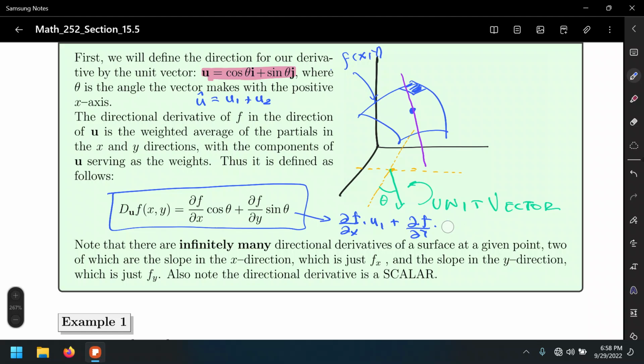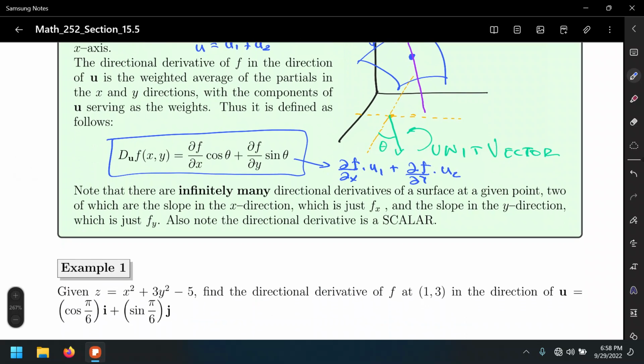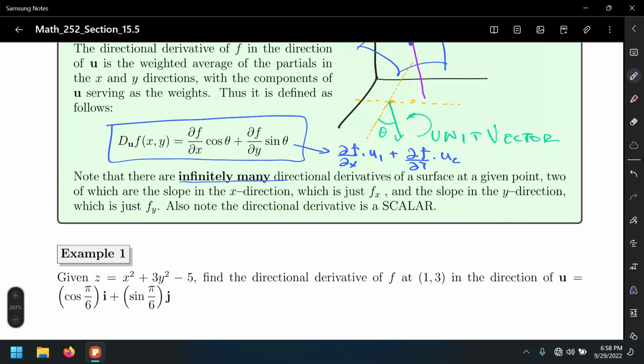If you look at this expression, doesn't that look like a dot product between two vectors? We're going to define this couple of partial derivatives later as a vector. You will see how that looks. We do this because we have infinitely many ways to go in a direction.